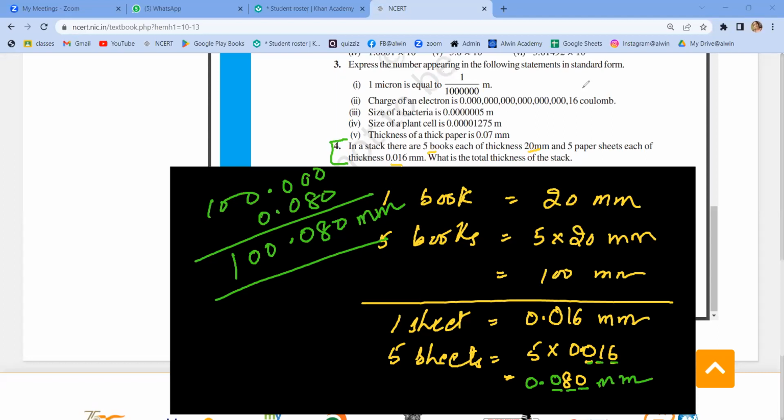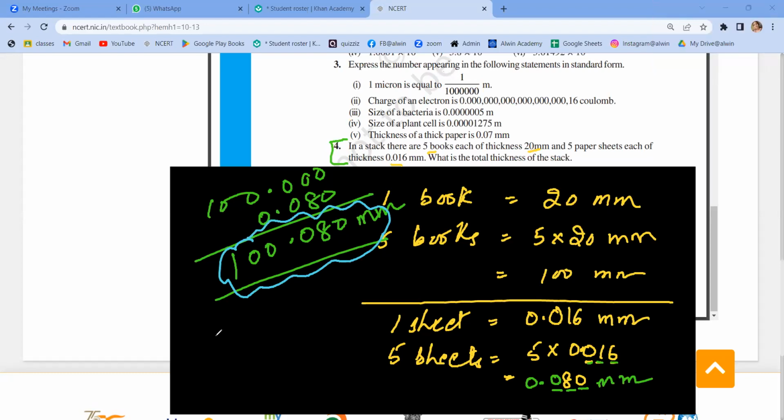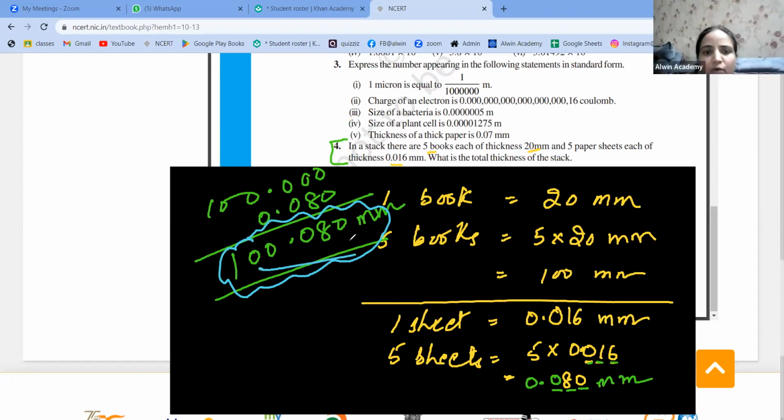Ma'am, 10 power 1. Beta, you're changing this into standard form. 100.08. So this is the number only, you need to change it into standard form.